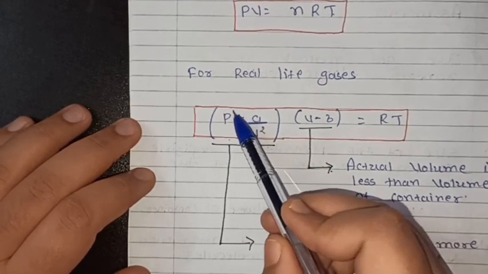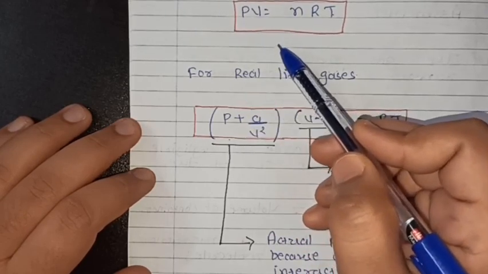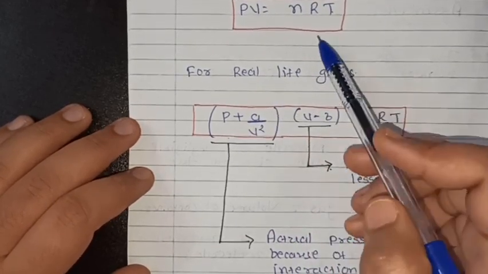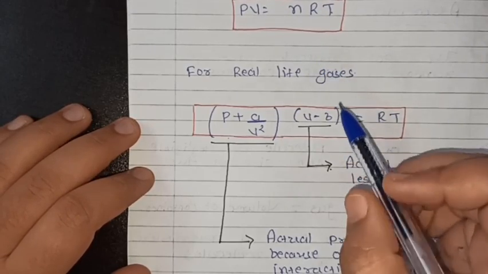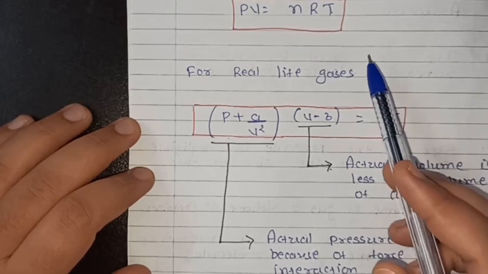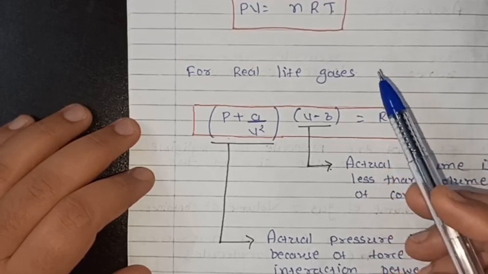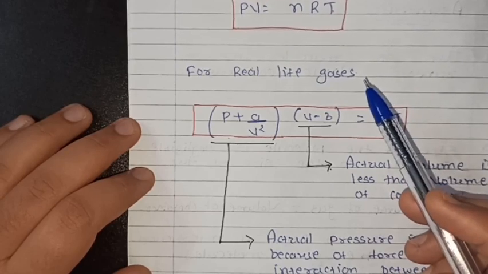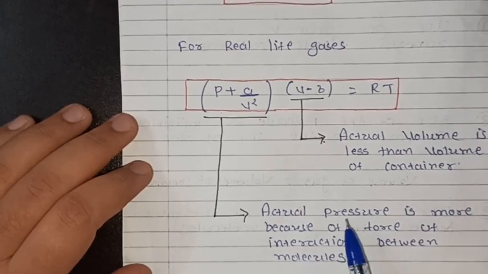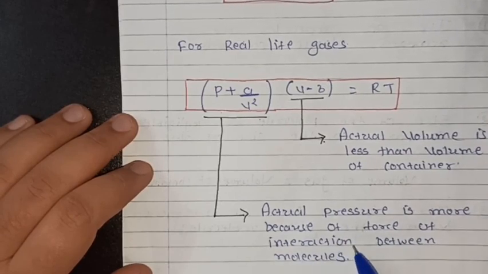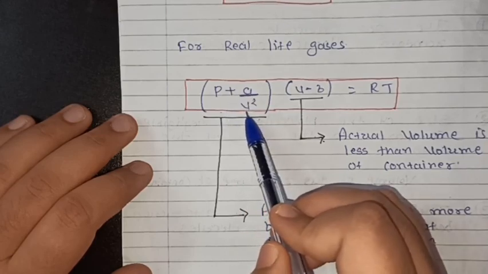Here we are increasing the pressure compared to the ideal situation, because in the ideal situation we have considered that there are no forces of interaction, but practically or in real life it is not like that. There will be some forces of interaction. Due to those forces of interaction, the actual pressure is more. So the actual pressure will be P plus a by V squared.